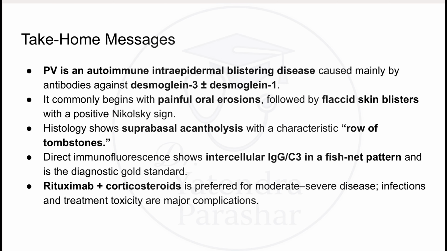Now come to the next slide. What are the take home messages? So pemphigus vulgaris is an autoimmune intraepidermal blistering disease caused mainly by autoantibodies against desmoglein 3 plus minus desmoglein 1, and it commonly begins with painful oral erosions followed by flaccid skin blisters with a positive Nikolsky sign.